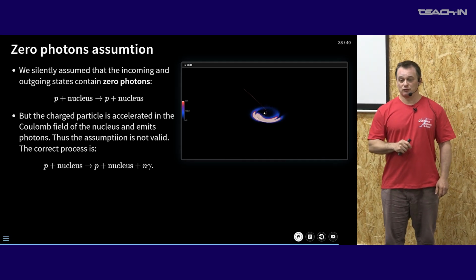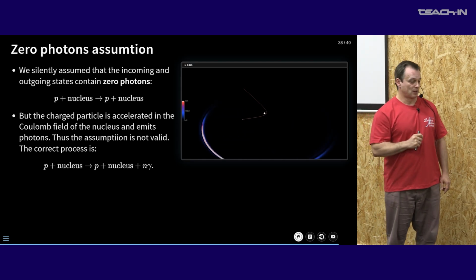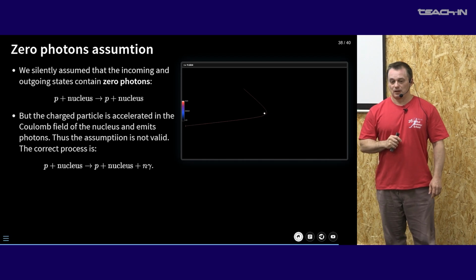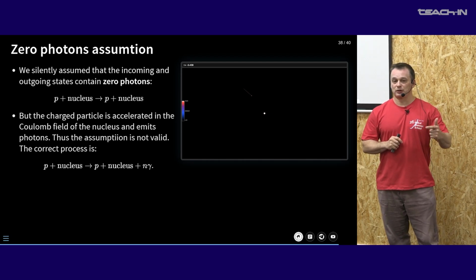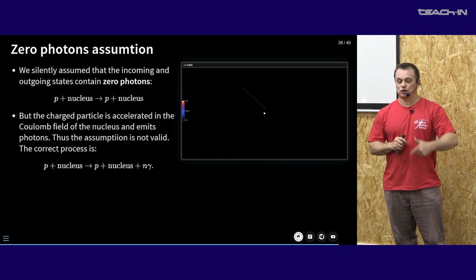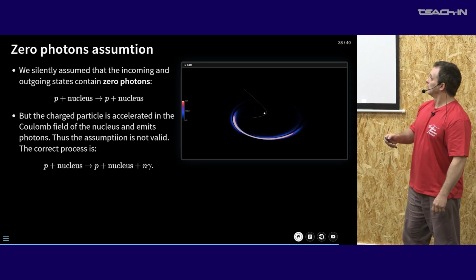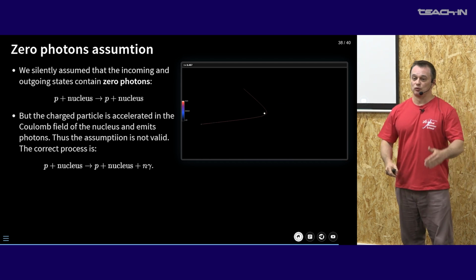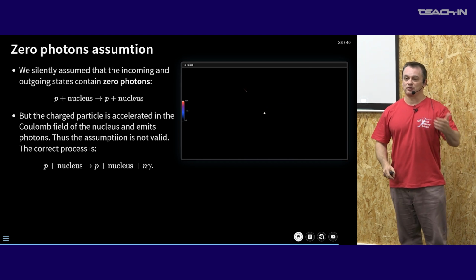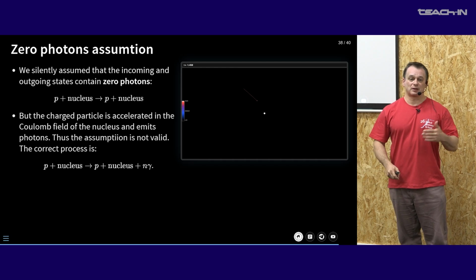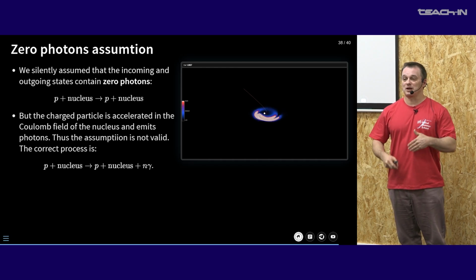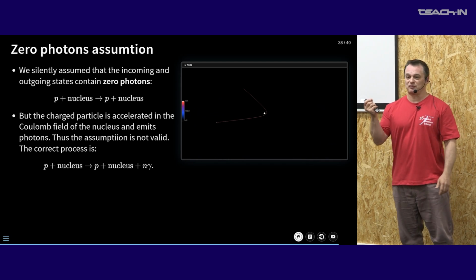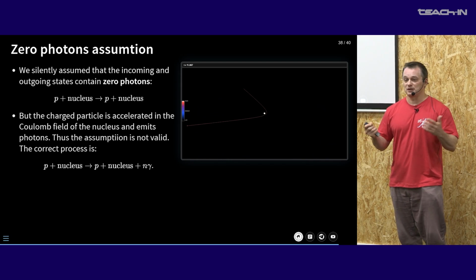But if you think a second about that, you will see that a charged particle going in a Coulomb field of another charged particle will make a curved trajectory like that. So it will move with some acceleration and deceleration, right? And every particle moving with acceleration must emit photons. Therefore, our initial assumption that you have the same final state is simply wrong physically.